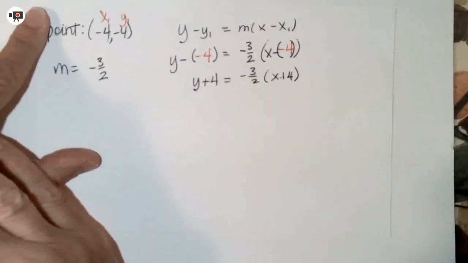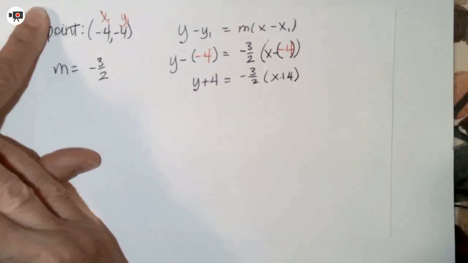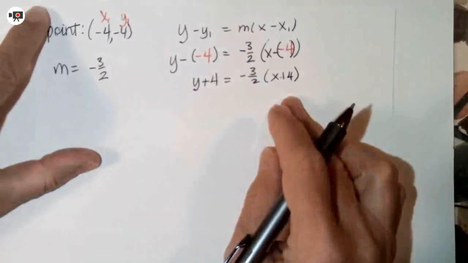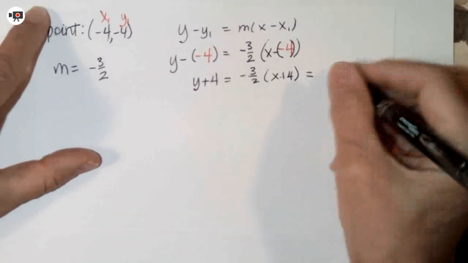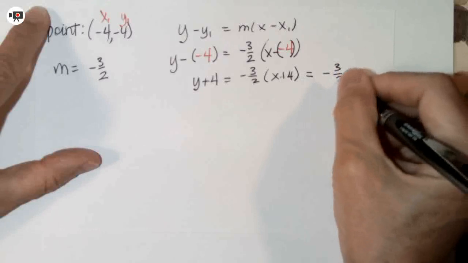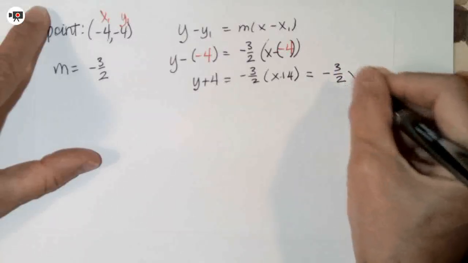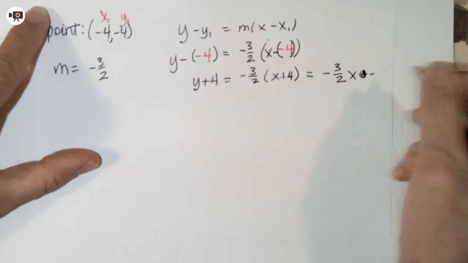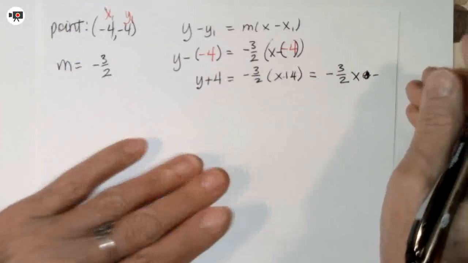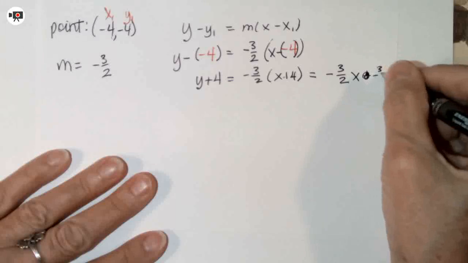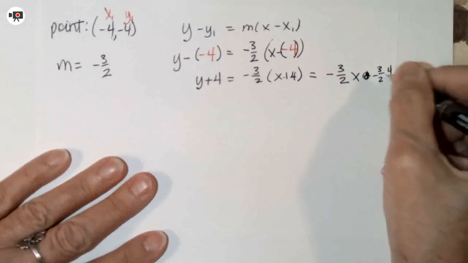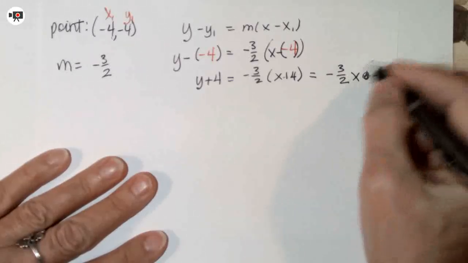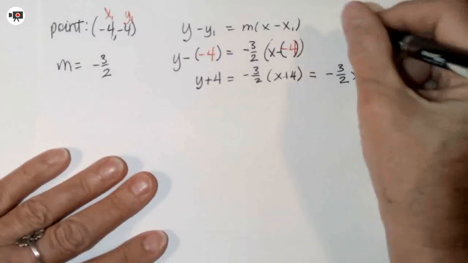Okay. Now, I'm going to distribute it. This will become -3/2 x, and then minus 3/2 times 4/1.